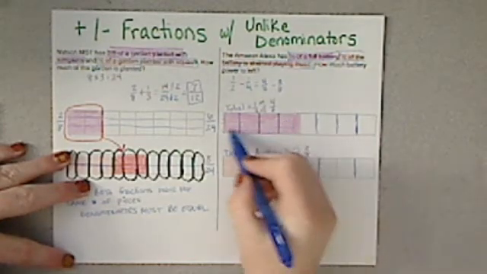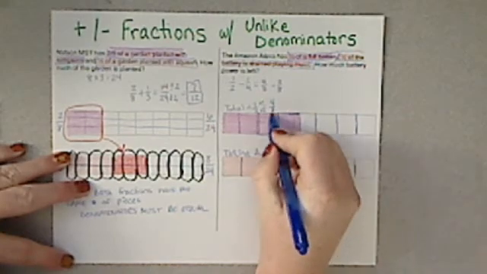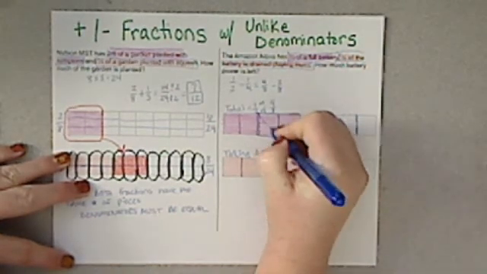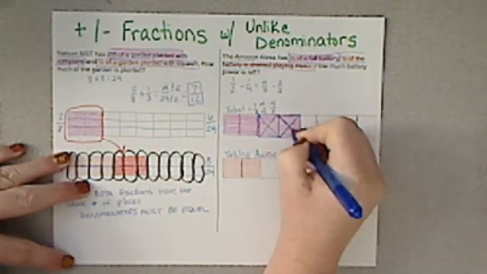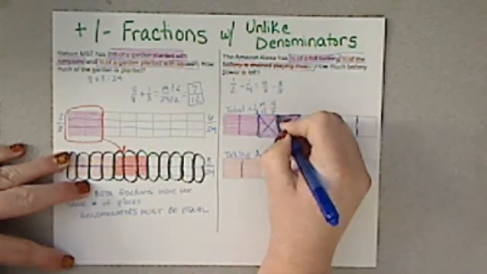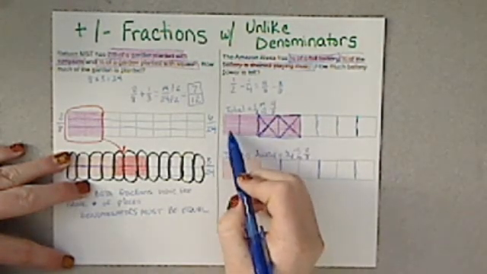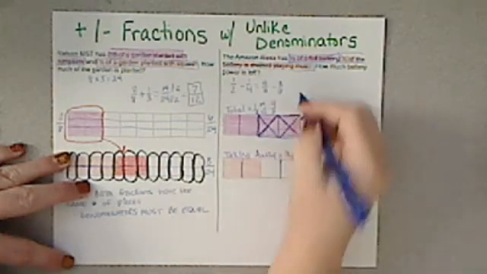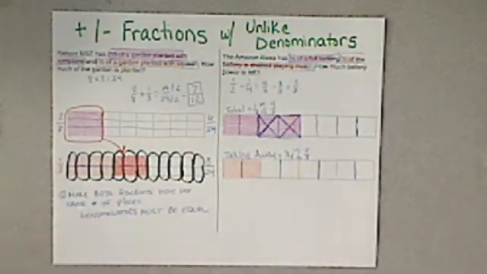So if this is my total, I'm going to circle the pieces that I need to take away, and I'm going to put a big X through them. I am taking them away. They are no longer there. Now I have 2 pieces out of 8 left.